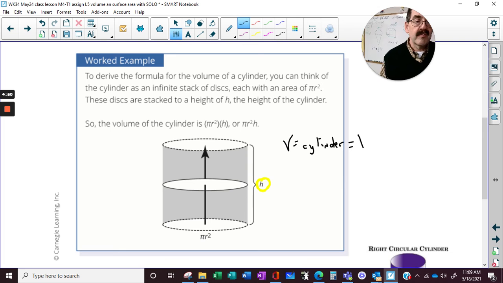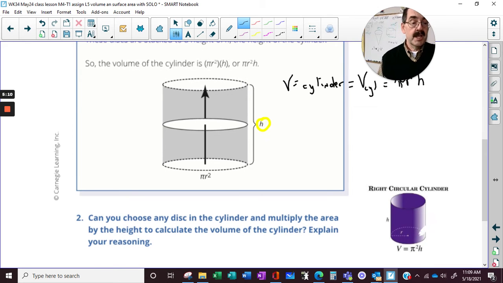From now on, the volume of a cylinder is the bottom, pi r squared, times the height, h, where h represents the height. All right? So now, go to your cheat sheet and fix it, because what I printed for you is a mistake.